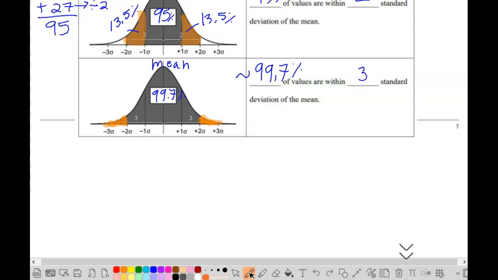So what's half of 5? 2.5. So this is 2.5% of the data. Now yes, it should equal 100, and I'll show you that on the next one because the next one gives us more space to do that. Turn your page once you're done.